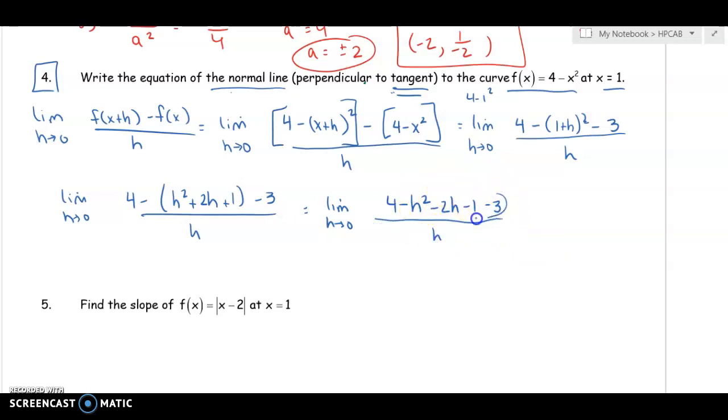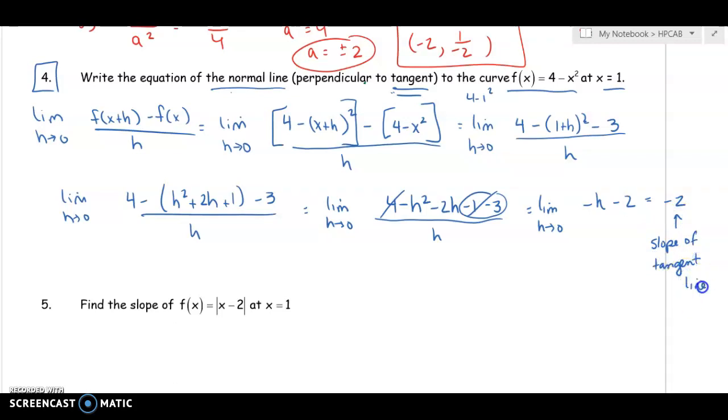These become negative 4, which cancels out with the positive 4, and the other ones get reduced. So we end up with the limit as h approaches 0 of negative h minus 2. And since h is approaching 0, you can replace it with a 0. You get negative 2. So this is the slope of the tangent line.